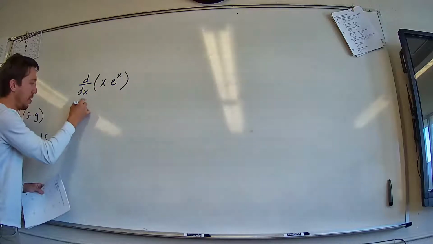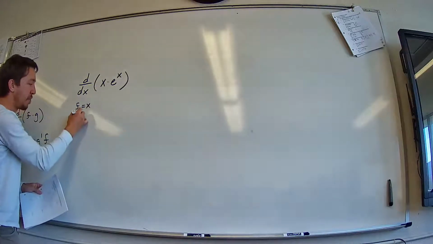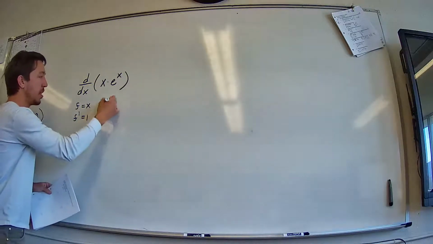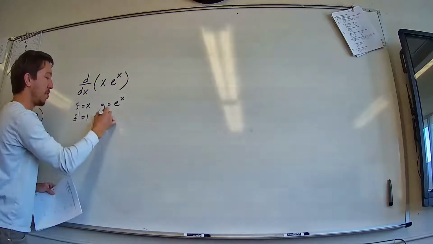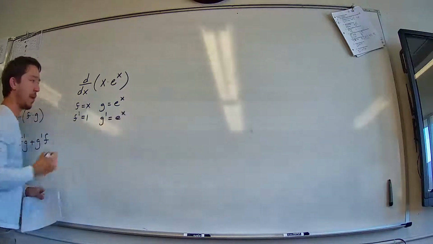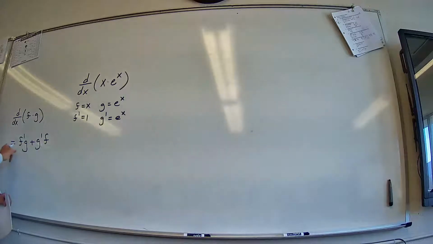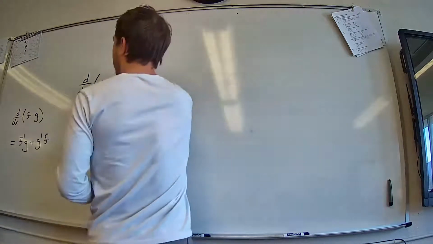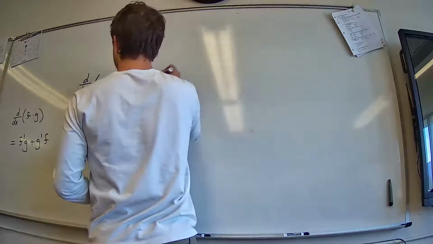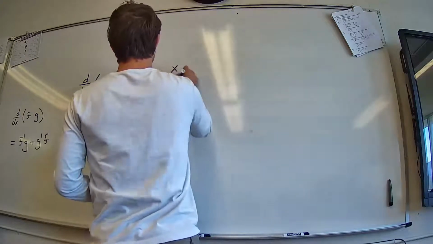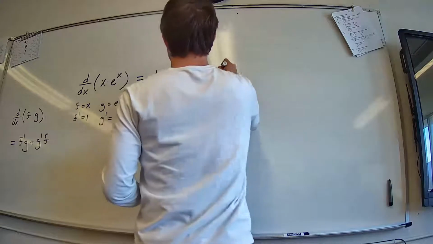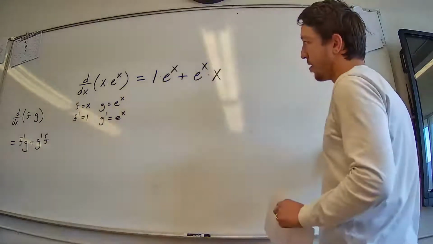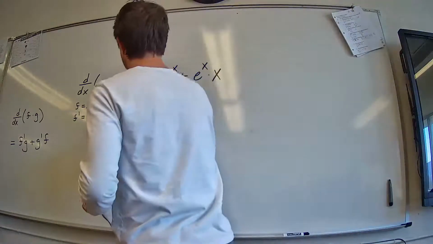You could say, okay, f is x, so my f prime would be 1. My g is e to the x, so my g prime is also e to the x. And so when I write out my product rule, it's going to be f prime times g plus g prime times f. And then we certainly can simplify that.